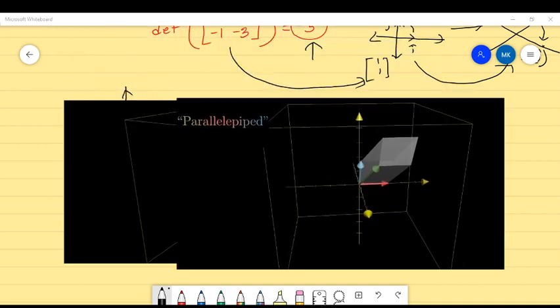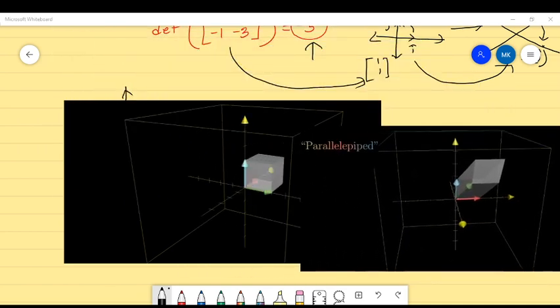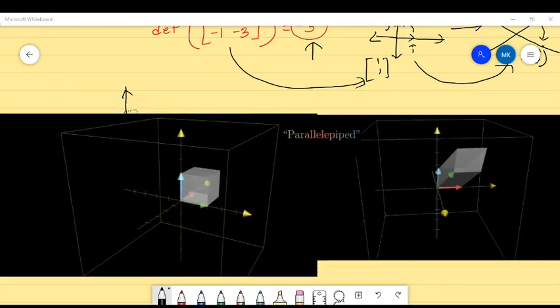After the linear transformation, your area, I'm sorry I cannot show you in a proper way, but this is better than nothing actually.